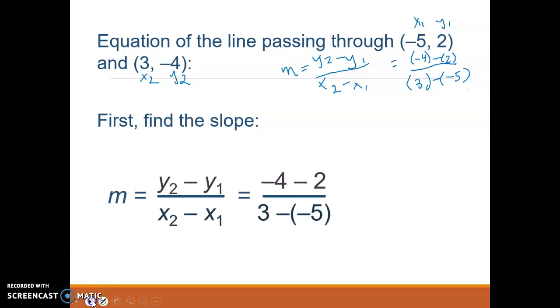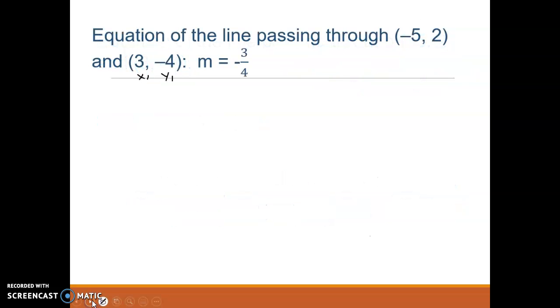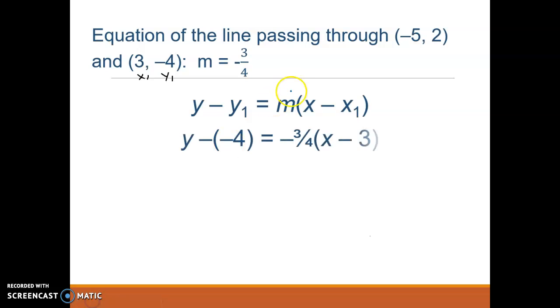When we do that, we find that our slope is -6 over 8, which simplifies to -3/4. So that is our first step: find the slope for point-slope. Once we know the slope, which is -3/4, we're then going to plug in what we know into this formula: y minus y1 equals m times x minus x1. Where it says y1, we write our y1.